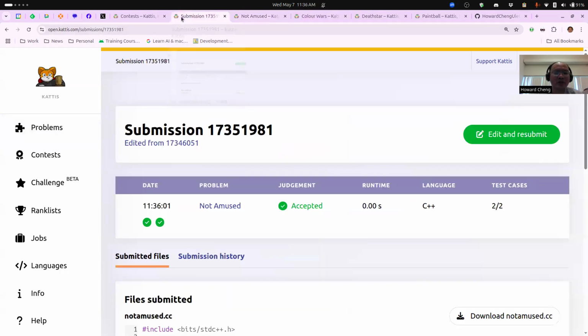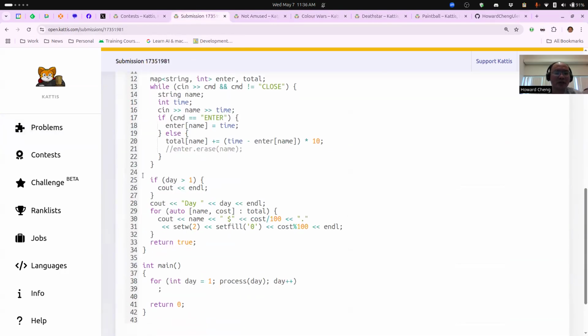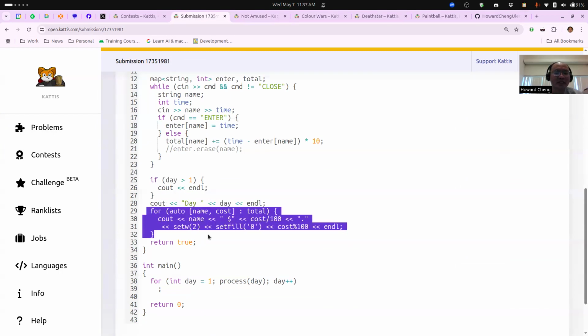So what I do is that I print a blank line at the beginning of the day, as long as it's not day one. If it's day two, day three, day four, and so on, I always print a line to start. Then I print the day, and then it says print all the costs alphabetically by name.